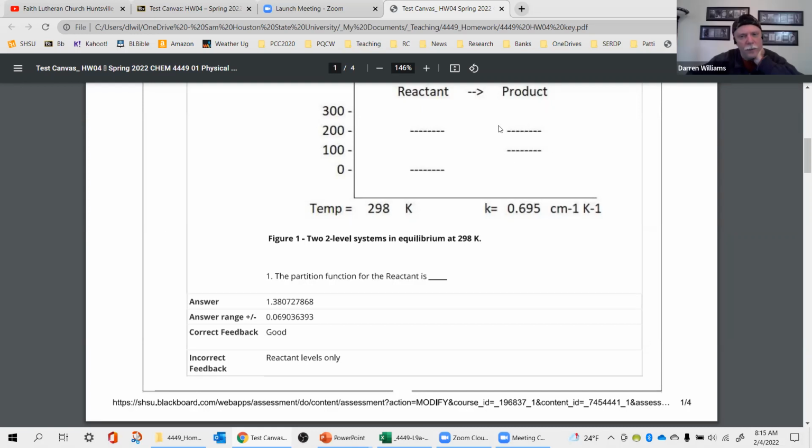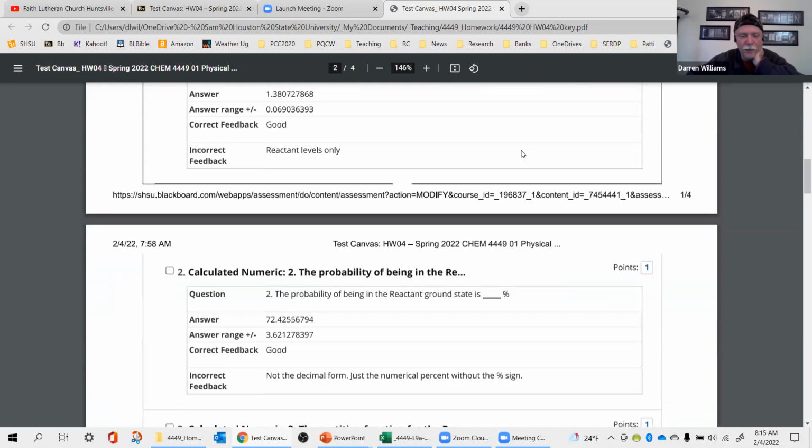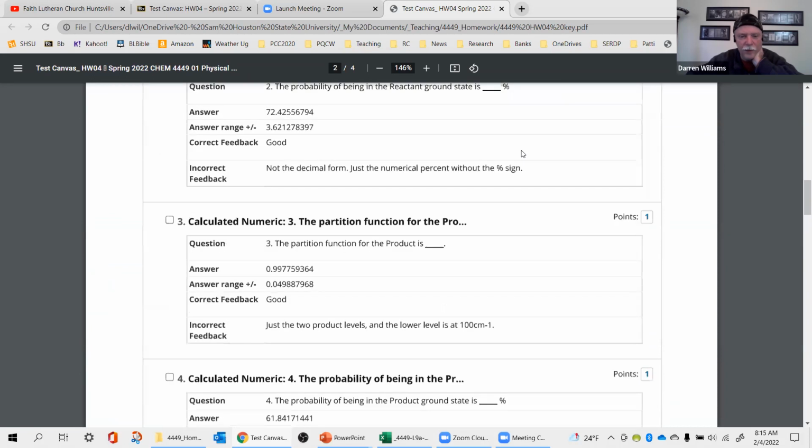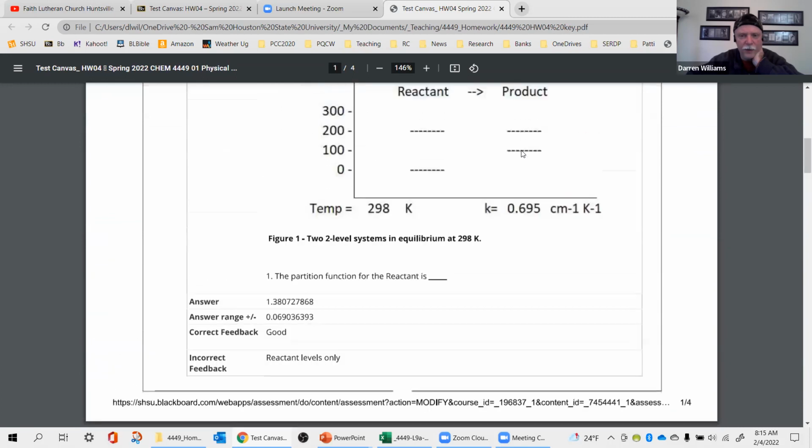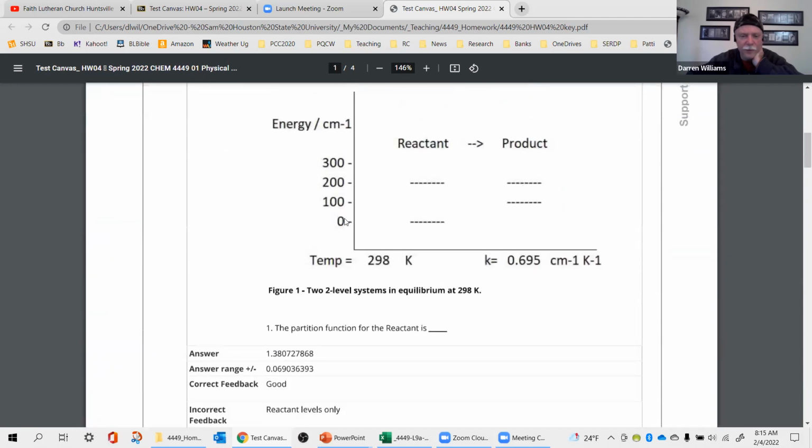Well, it just depends on how you calculated this product one. If you'll notice here, this level is the ground state for the product, but it's not at 0, it's at 100. So this is kind of a weird situation where the partition function is actually less than 1. The minimum value is 1 if your ground state has 0 energy, right?